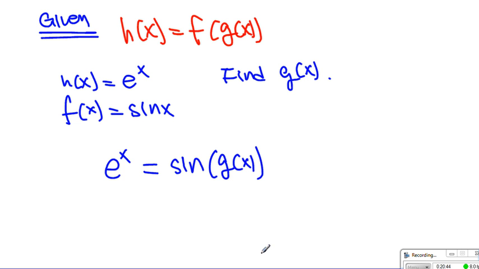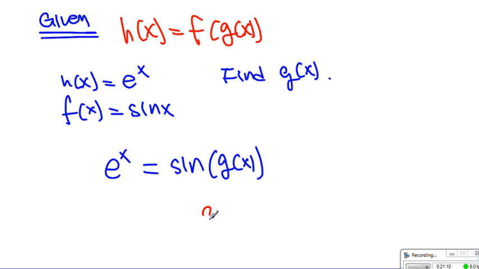Now, at this point, what we'd like to do is keep g of x, but we want to get rid of this sine. How are we going to get rid of this sine? Once again, since we are looking at composition, one way in which we can do it is this. We can get rid of sine using the arcsine.